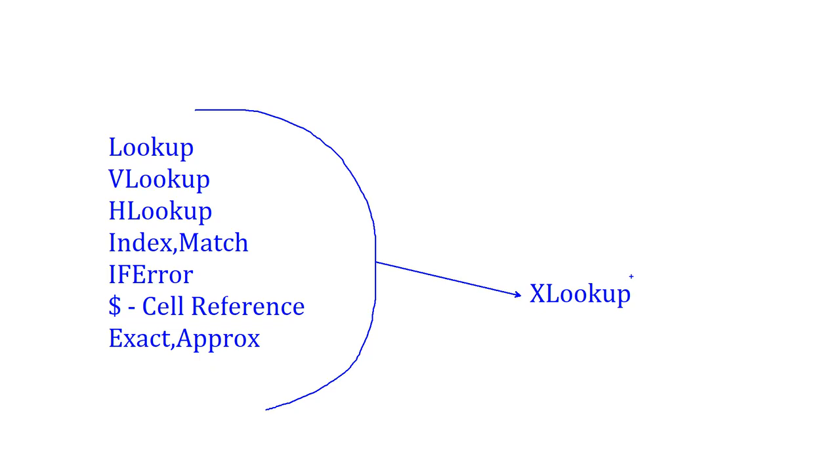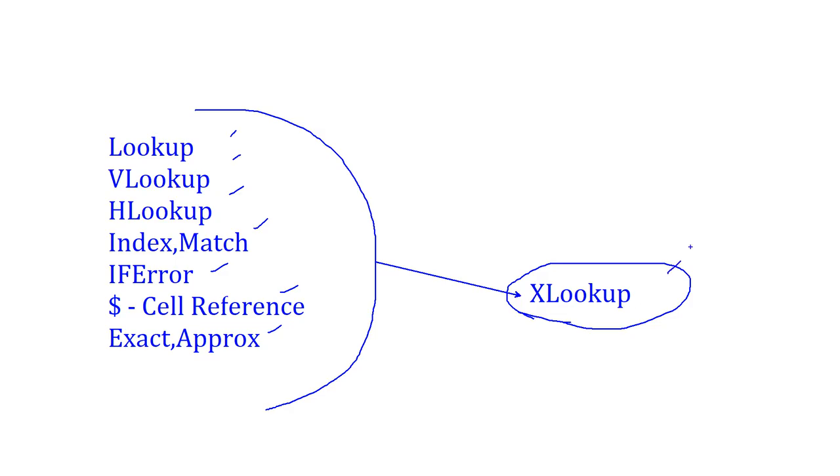XLOOKUP is much easier, faster, and simpler. It has replaced all the functions here: LOOKUP, V, H, INDEX MATCH, IFERROR, cell reference, exact match, everything, by this one function, XLOOKUP. So we'll start from the basics of XLOOKUP, then we'll see the next level of XLOOKUP.